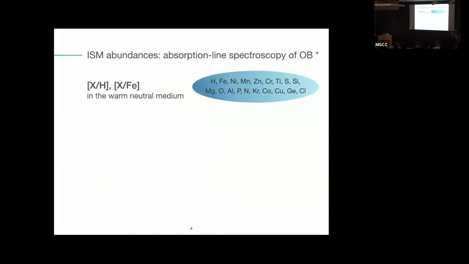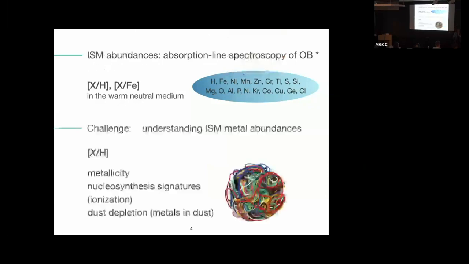This has been done for tens of years, like very nice, but there's a very big difficulty in really interpreting these abundances, because there's different processes that play a role in shaping the abundances in the gas. So we could have different metallicities, but we could also have the contribution from different stellar populations, like what I call nucleosynthesis signatures, like alpha element enhancements.